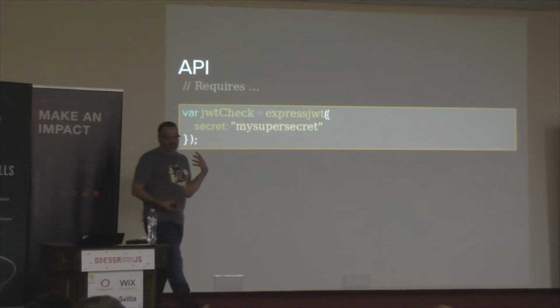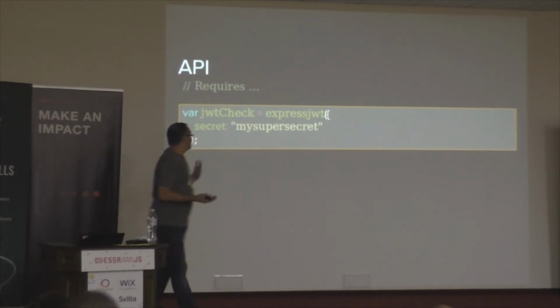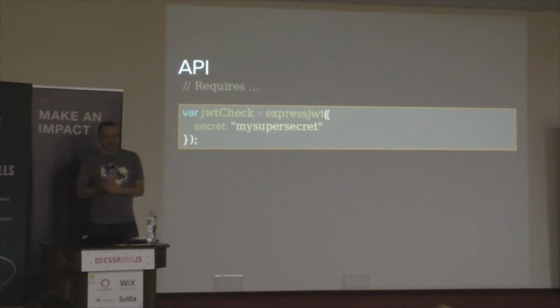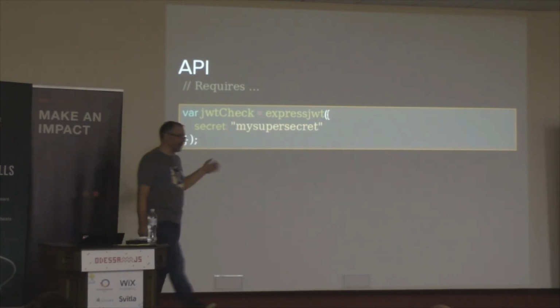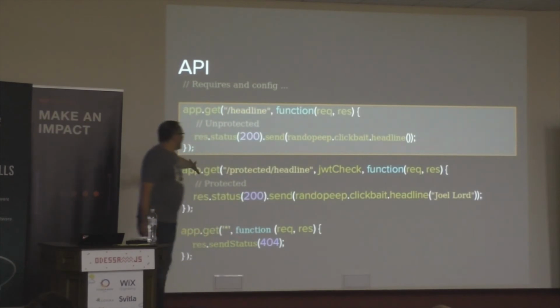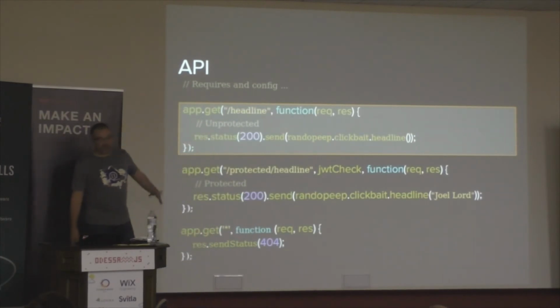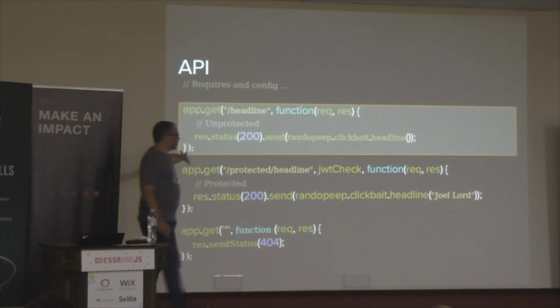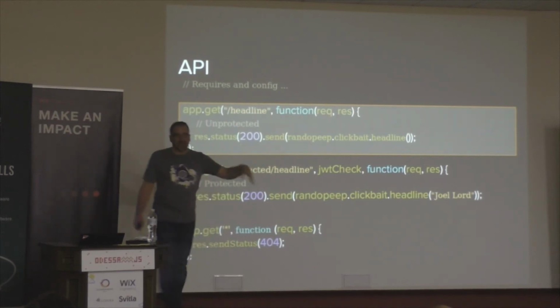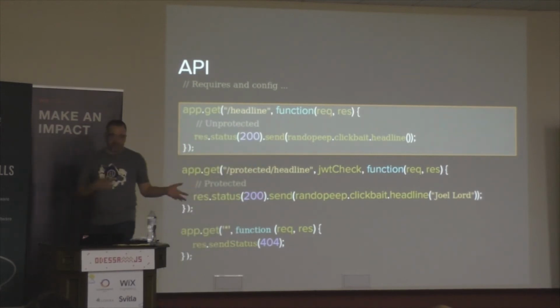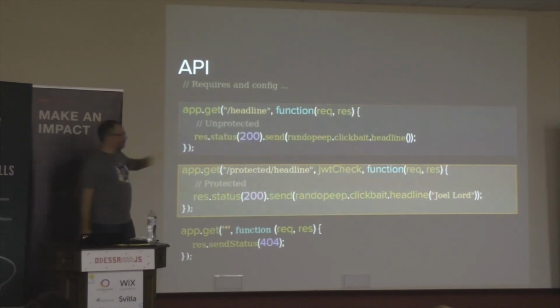To initialize your middleware, it's very easy to do. You just call the library. You give it a secret key, in this case, because I'm using HMAC 256. And then I have my two routes on my API. The first one will simply serve some random clickbait headlines. Just in case you haven't noticed by the title of my talk, I kind of like clickbait headlines. So I generate a random one here.